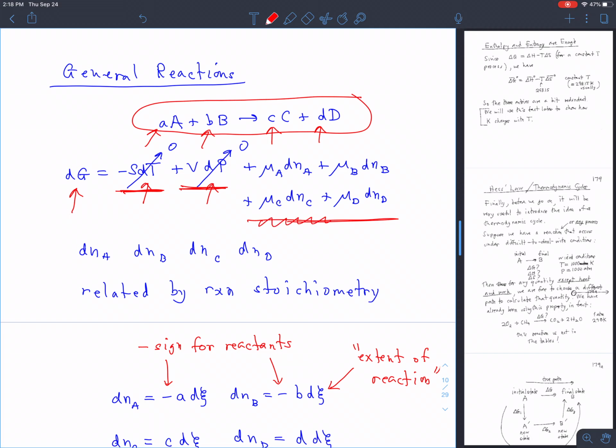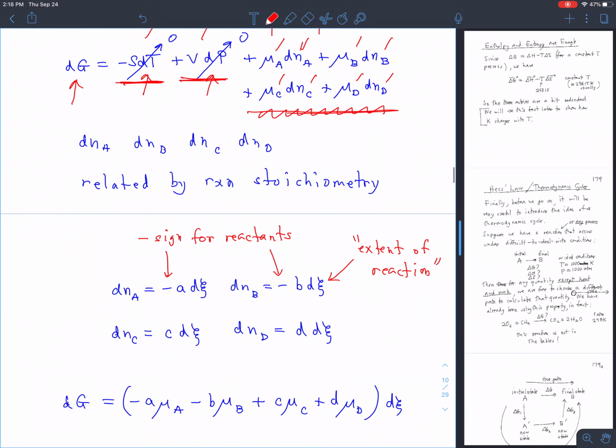And then four terms because there are four species, A, B, C, and D, involving the chemical potentials for each of the species and the mole number changes for each of the species. So there's four different possible ways in which the mole numbers can change. The mole numbers for A, B, C, and D can also all change, but they can't change independently of each other, right?